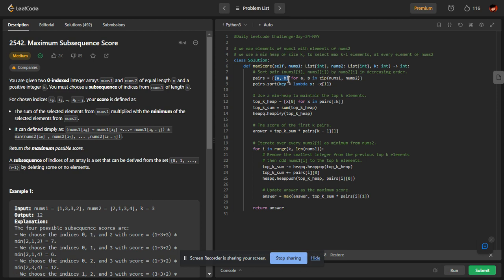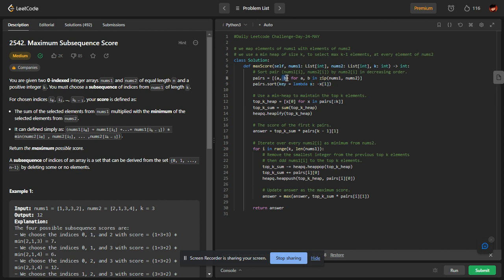The a is coming from nums1 and b is coming from nums2. If you print it, you will see that. But I want to sort based only on b, only this factor b. That's what I'm trying to convey this way. I want to get the pairs in descending order based on the values in the second index.